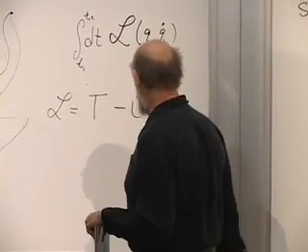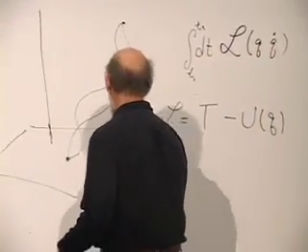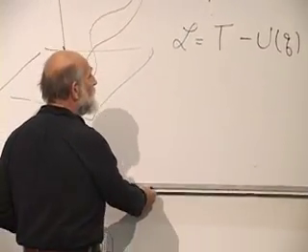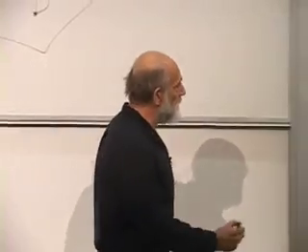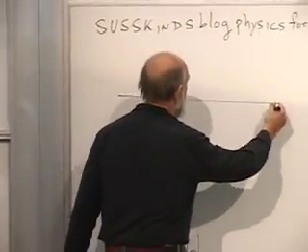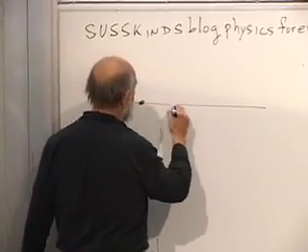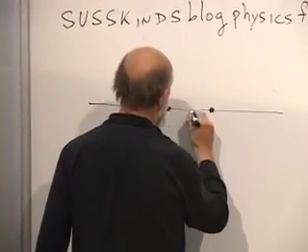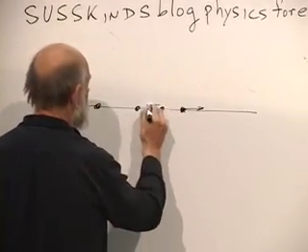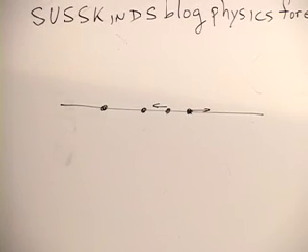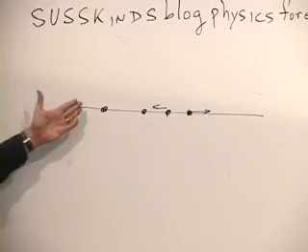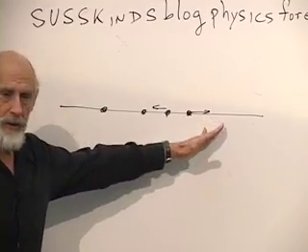And so, for example, if the Q's represented points moving on a line, a whole bunch of them, some moving this way, some moving that way, then the Q's would simply stand for the positions of the points along the line.